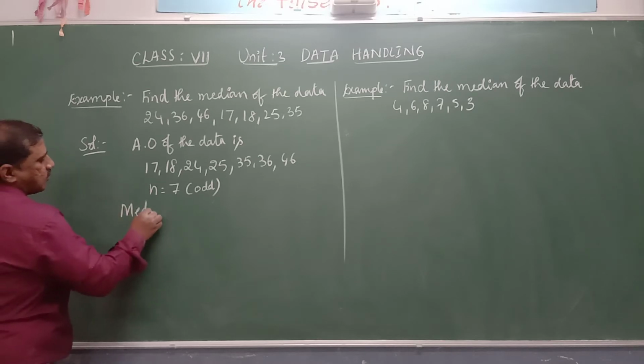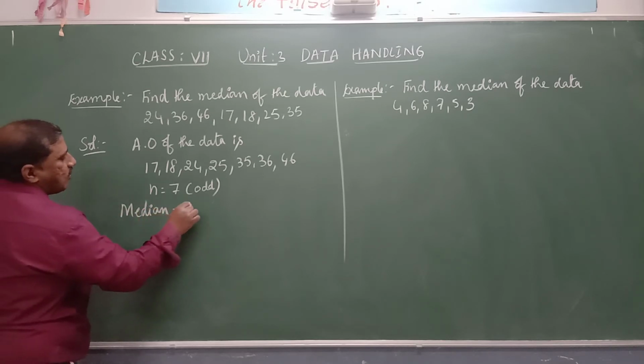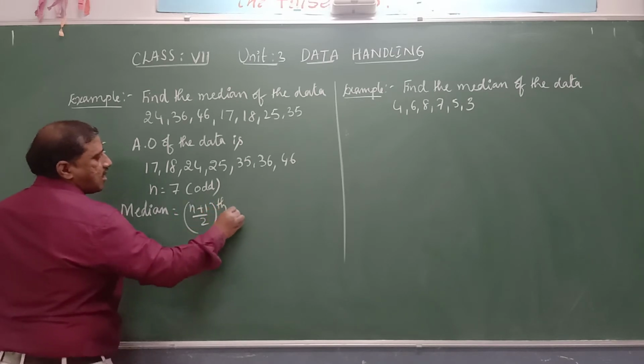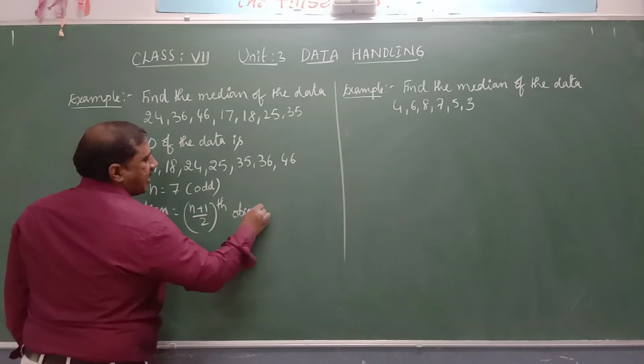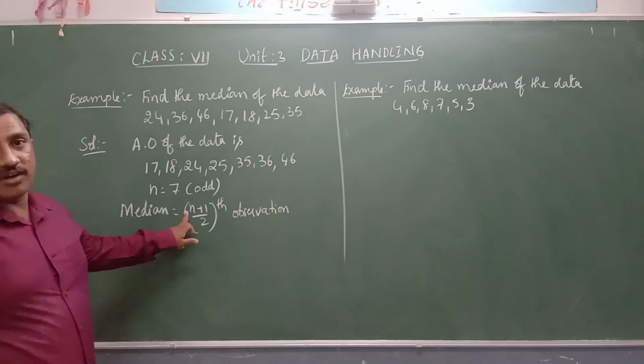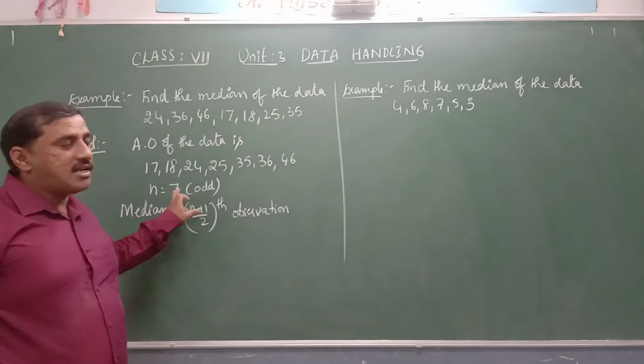Median is equal to the (n plus 1) by 2th observation, where n is the number of observations. How many observations are there? 7 observations.